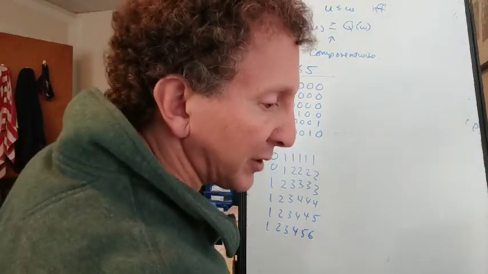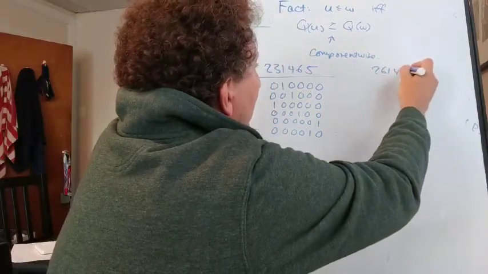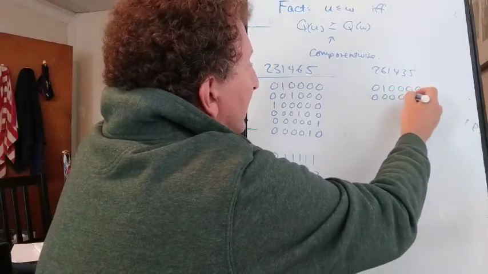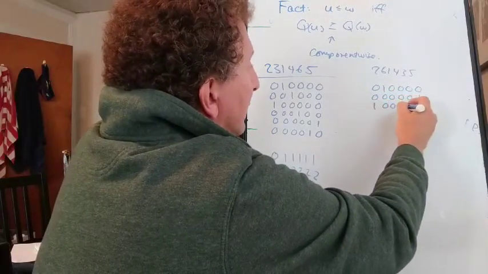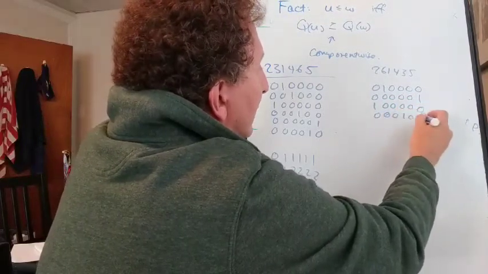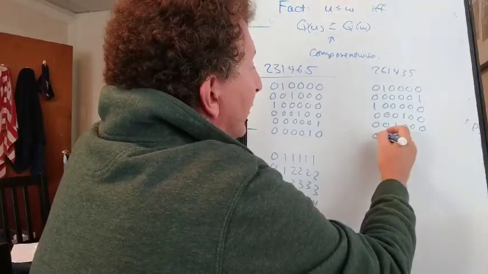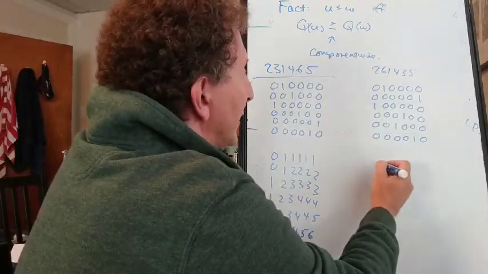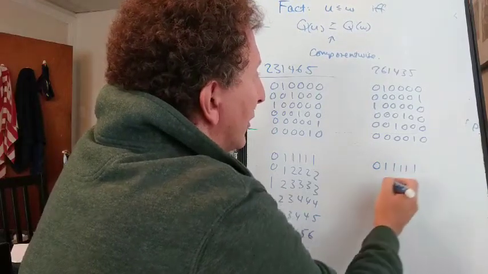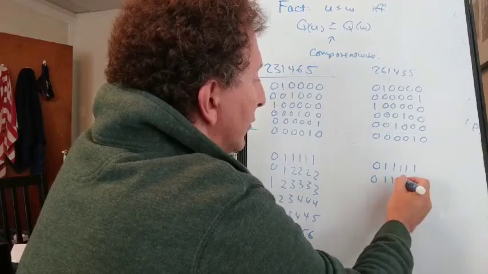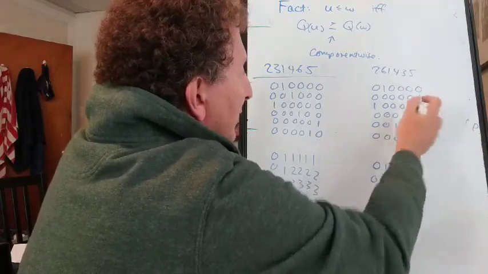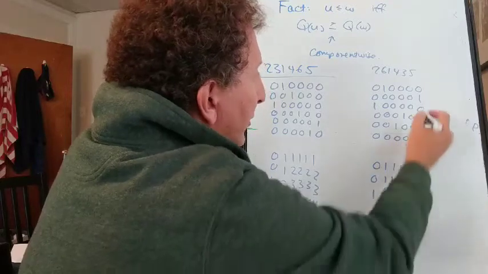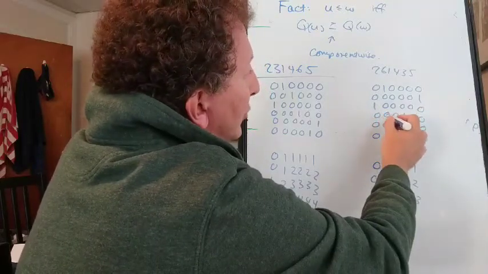If we do that for the other matrix, 2, 6, 1, 4, 3, 5, then we have a 1 in position 2, a 1 in position 6, 1 in position 1, 4, 3, 5, and then adding up the ones in the submatrices, we have 0, 1, 4 ones, 0, 1, ones all the way till the end when we get 2 ones now in this upper submatrix. 1, 2, and a 3 in this position. 1, 2, 2, 3.